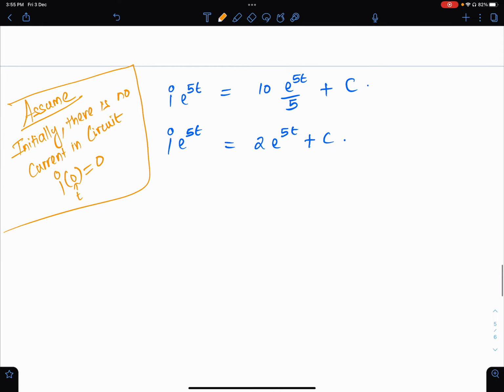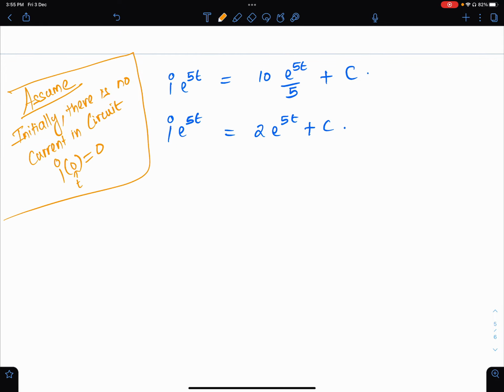So take the condition I of 0 equal to 0. This means t is 0, I is 0.